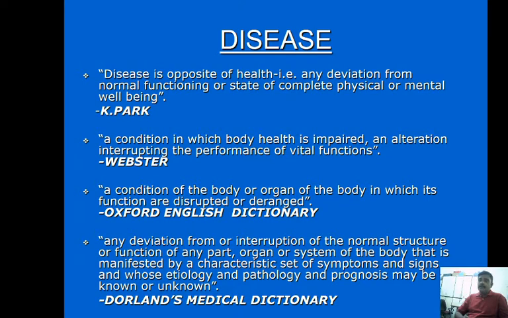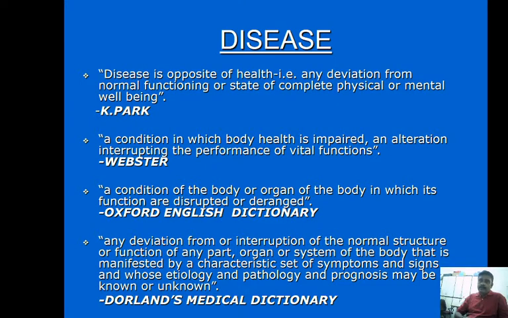And Dorland's Medical Dictionary says that any deviation from or interruption of the normal structure or function, any part, organ or system of the body that is manifested by a characteristic set of symptoms and signs and whose etiology, pathology and prognosis may be known or unknown.